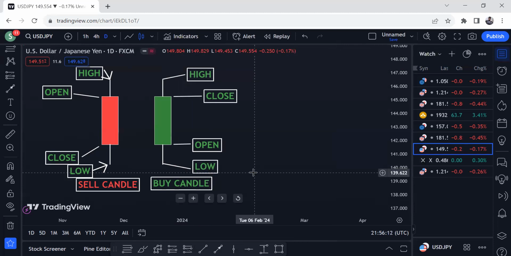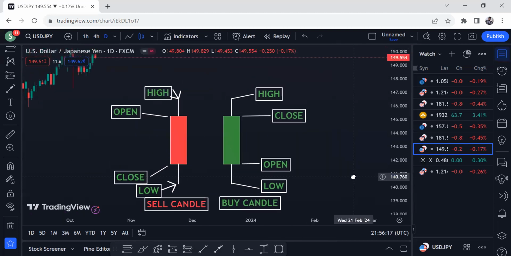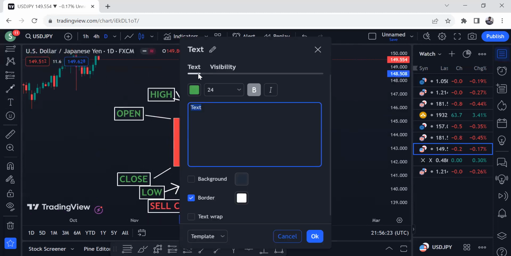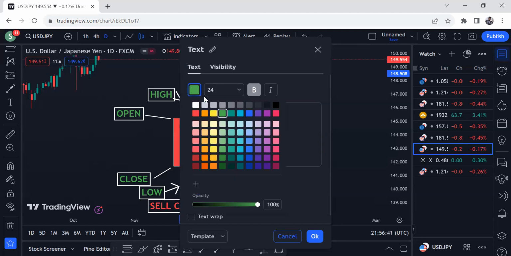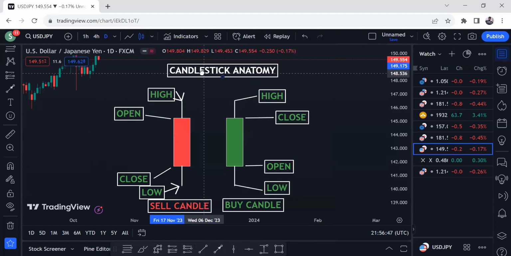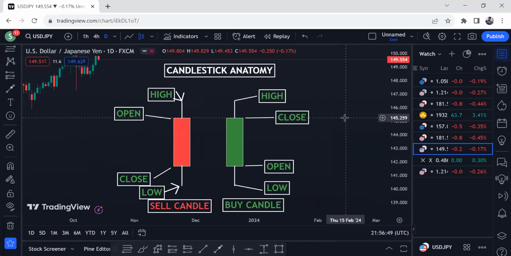So, Rich, this is just perfectly the candlestick anatomy, so that you see it. I've just placed it there nicely.